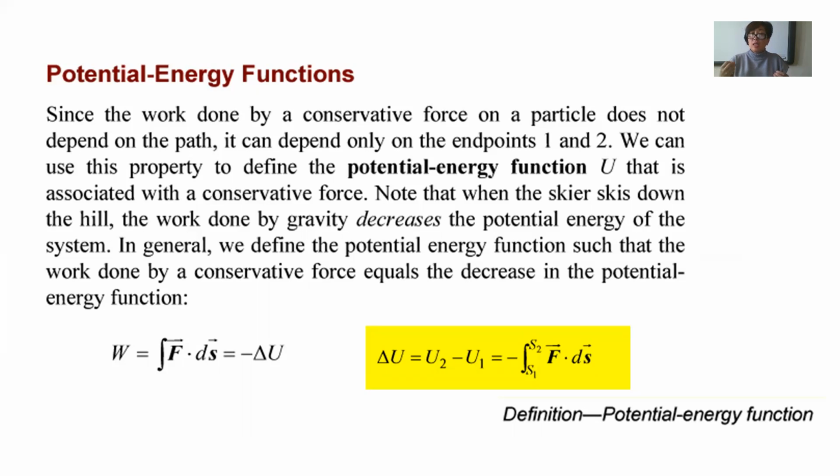When the car skids down the hill, the work done by gravity decreases the potential energy of the system. In general, we define the potential energy function such that the work done by the conservative force equals the decrease in the potential energy: work equals minus the change in potential energy.